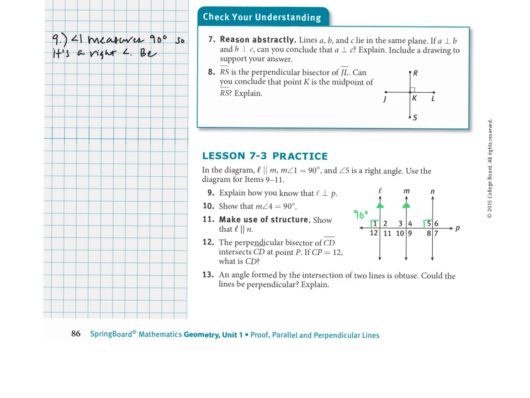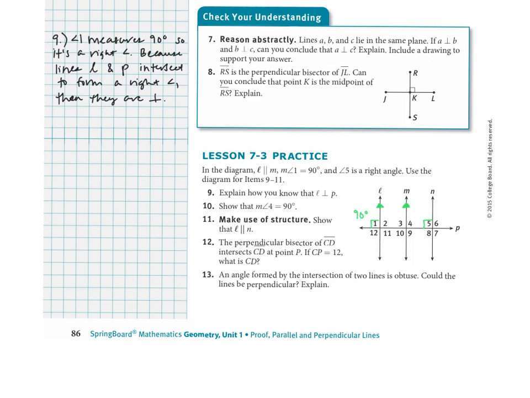And we know because lines L and P intersect to form a right angle, then they are perpendicular.